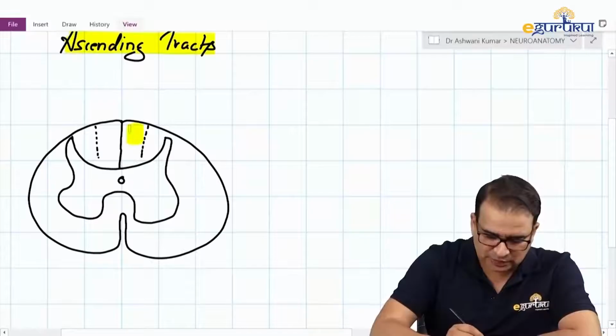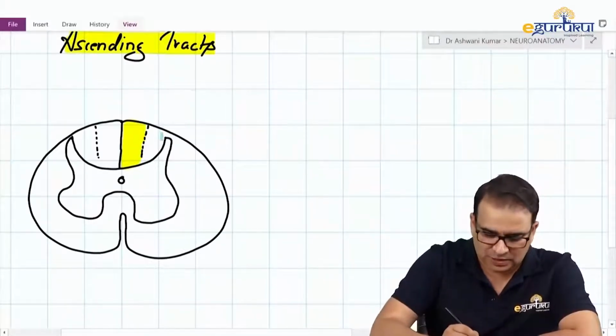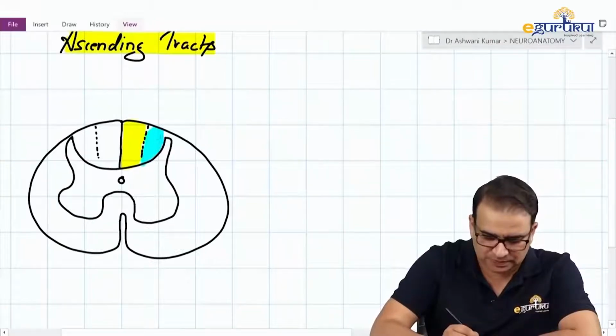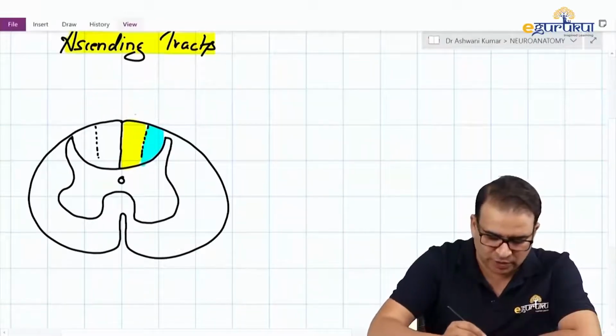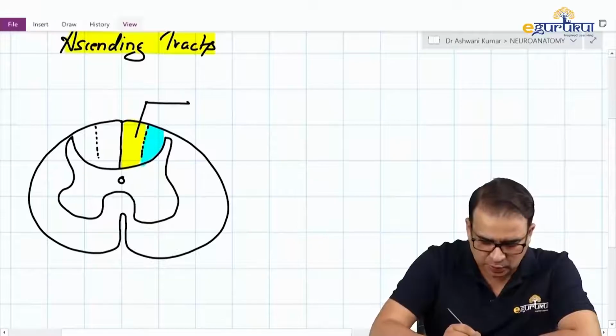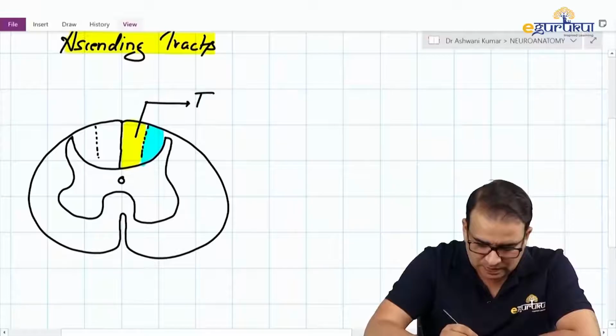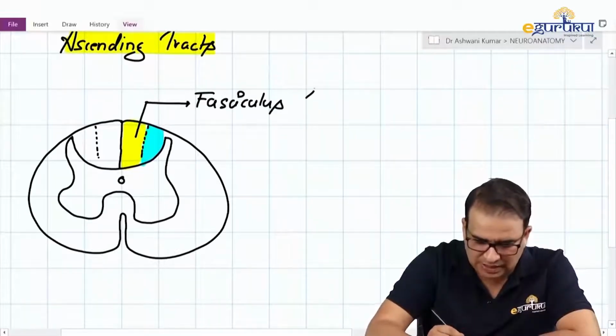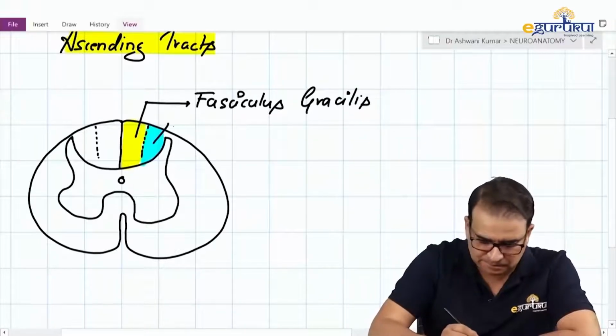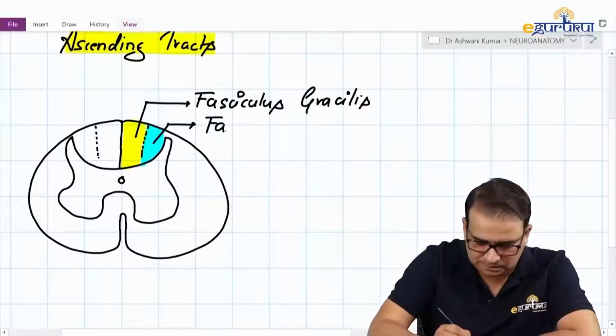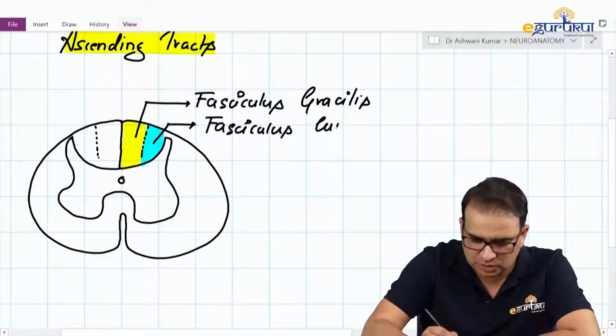So in the dorsal aspect of the spinal cord, we have a tract which is called the dorsal column tract, and this dorsal column tract has two components. The one which is medially placed is called the fasciculus gracilis. And here we have fasciculus cuneatus.